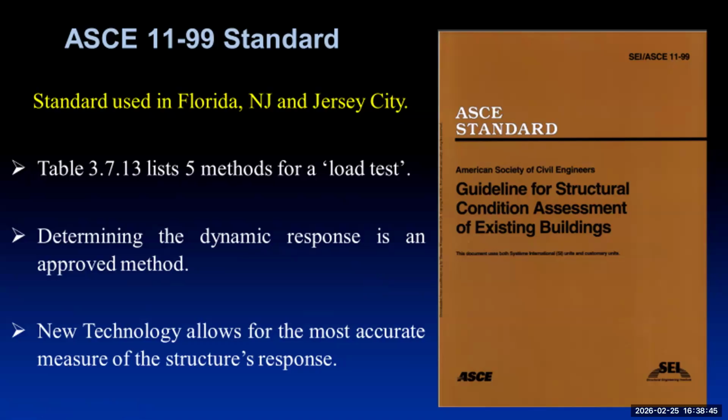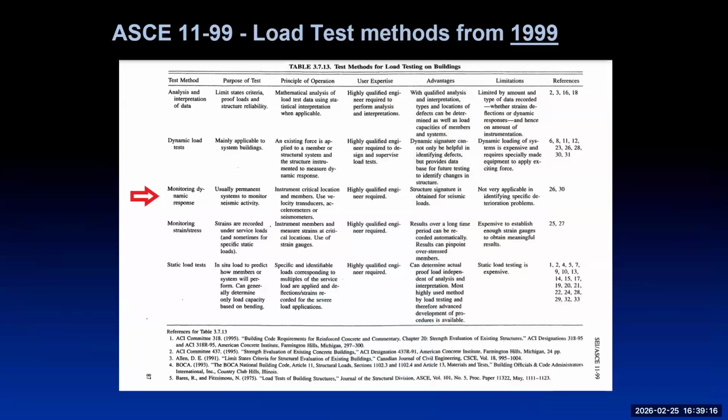It also said dynamic response is an approved method, and the update which is occurring will include the things that were in ASCE 11-99 and 11-28. It'll take a year or so before it comes out, but basically the things that are in 11-99, many of them are still there. I think 11-28 will be much easier to read.